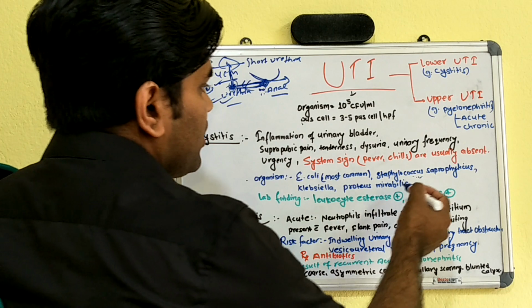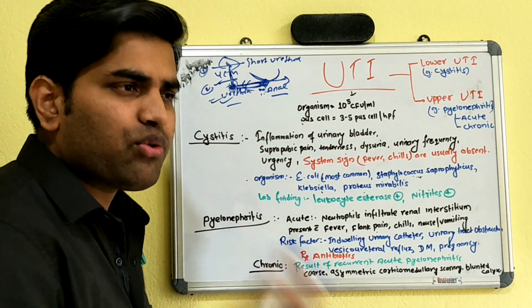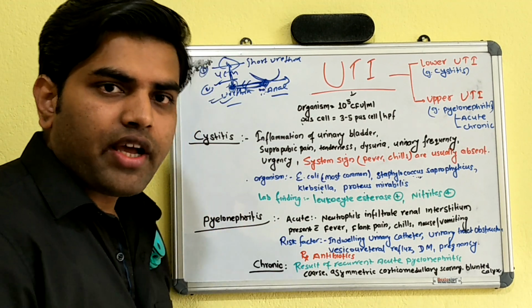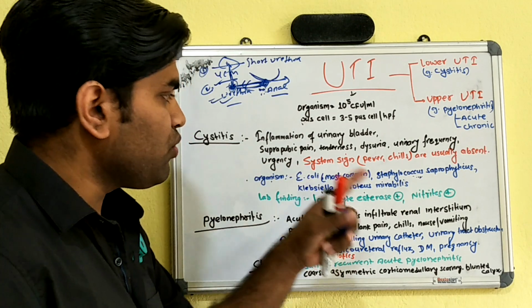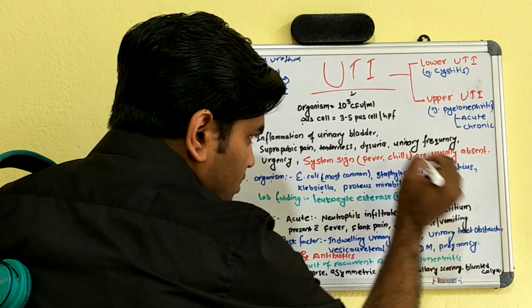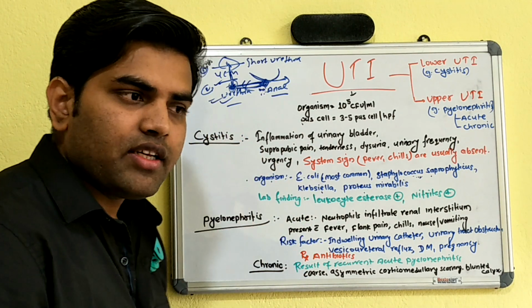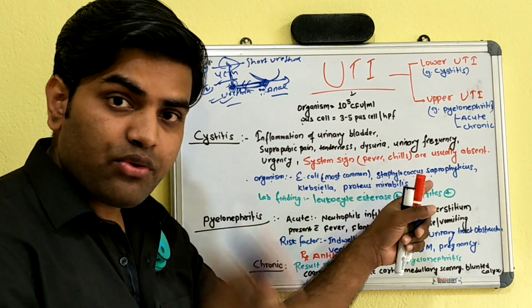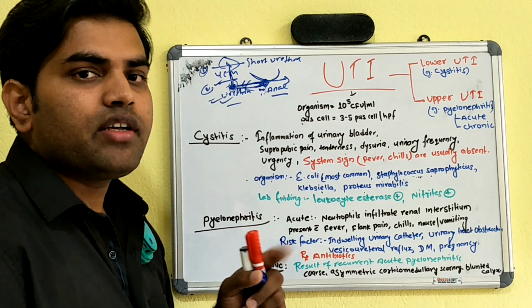Okay, then there are others like Staphylococcus saprophyticus, Klebsiella, Proteus, even Enterococcus, Staph aureus, and other gut organisms that are responsible for causing UTI, but the most common is E. coli. Staphylococcus saprophyticus has been found in young, healthy, sexually active females to cause UTI, but in that group also E. coli is most common. Staph saprophyticus is the second most common in that scenario.